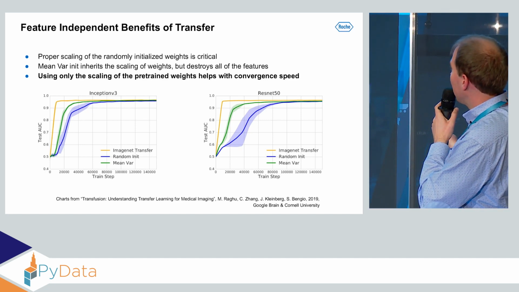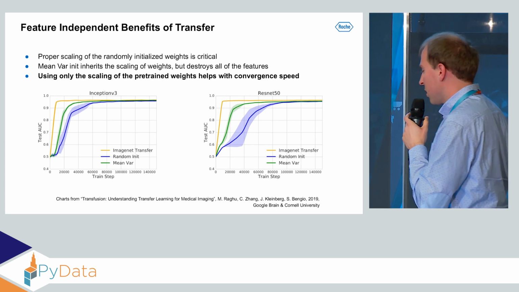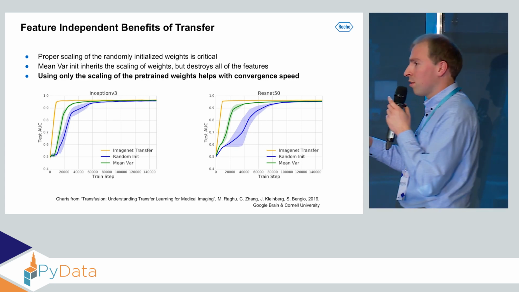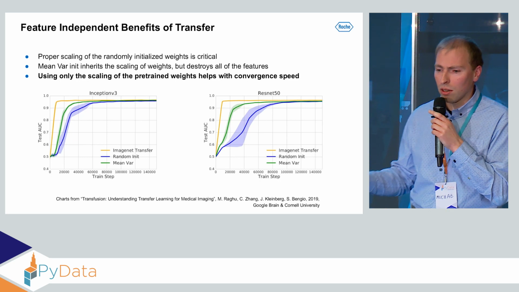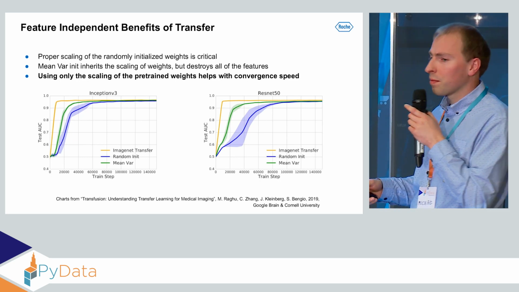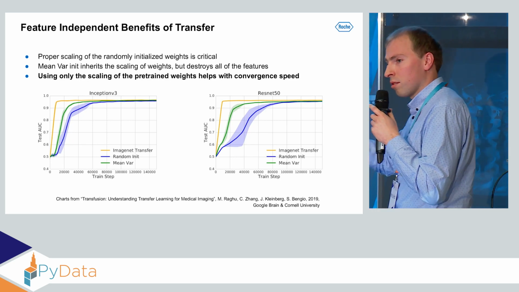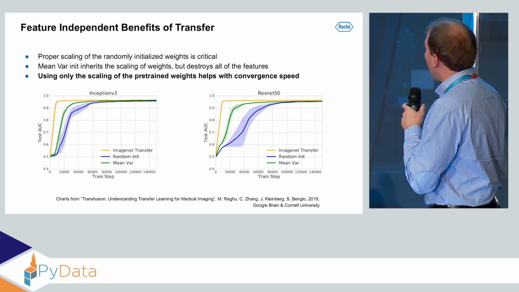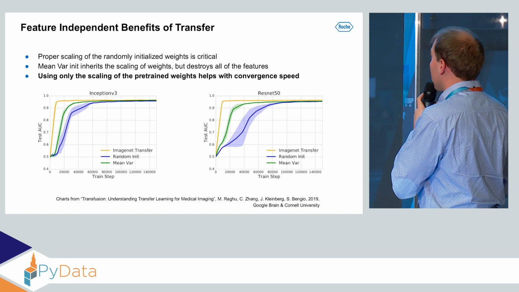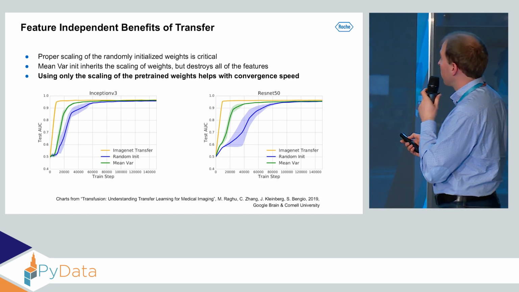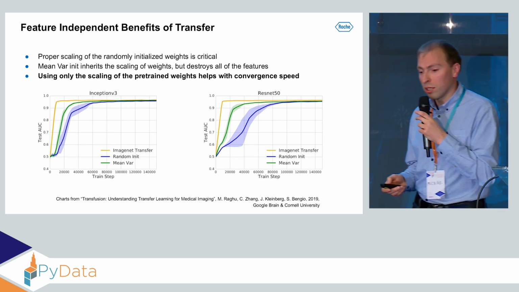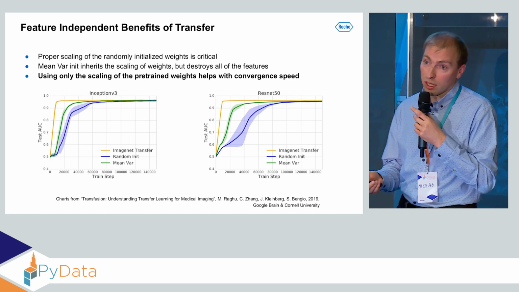And importantly, the green line represents the training where all the ImageNet features were destroyed and only the scaling was preserved: the mean and variance of the scaling for each filter. And we can clearly see that using only the scaling of the pre-trained weights can actually improve the convergence speed of the network.